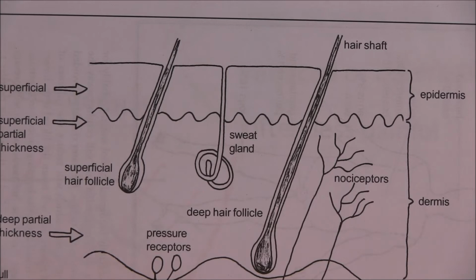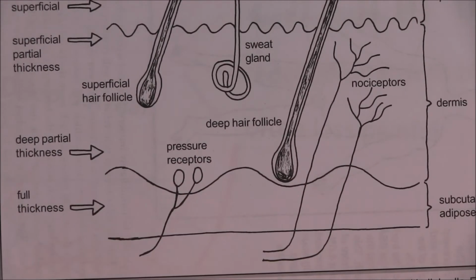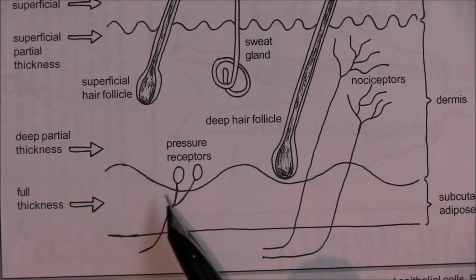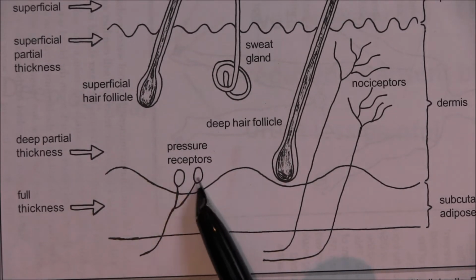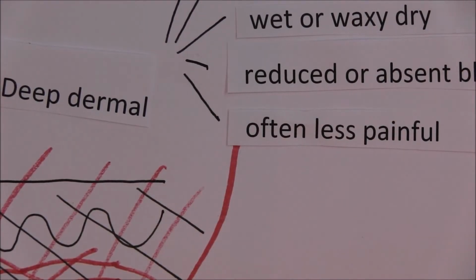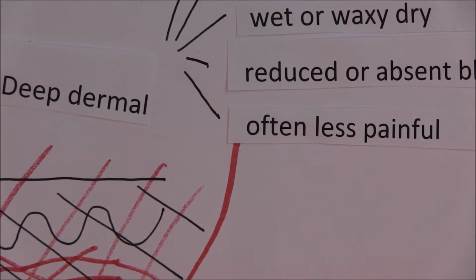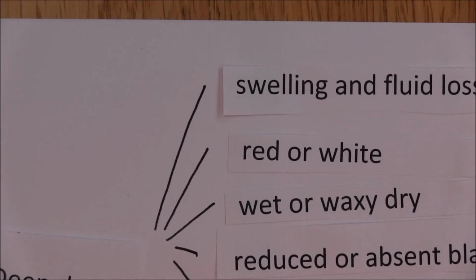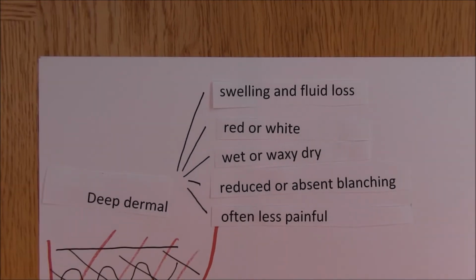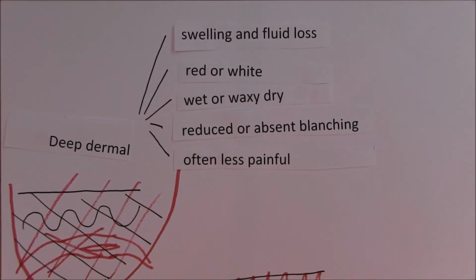So you can stab them with something sharp and they can have a feeling of pressure rather than sharpness, because these are the only peripheral sensory receptors generating tactility that may be left. So often less painful, with a feeling of pressure rather than pain.